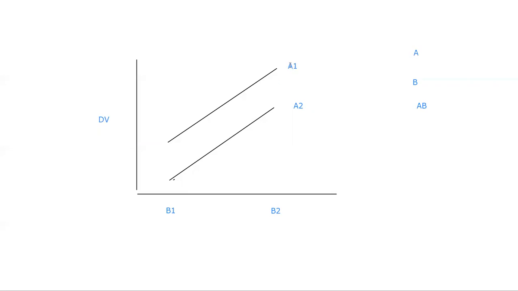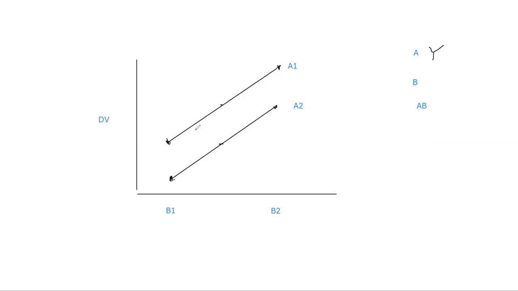Well, yeah, I think so, because again, like the previous example, the average of the A1 points, I'll draw some points in here, average of the A1 points are uniformly higher than the A2 points. So the average of this guy and this guy is going to be somewhere here. And then the average of the A2 points is going to be there. And so the difference here is going to be that significant difference of my main effect of A.